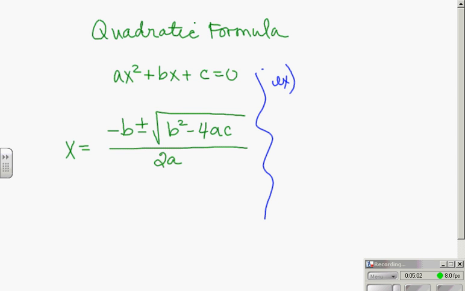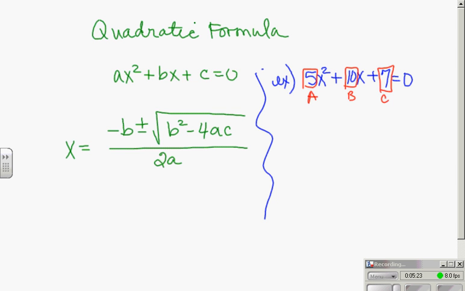So if I wanted to just quick look at an example to help refresh your brain, I could do something like 5x squared plus 10x plus 7 equals 0.